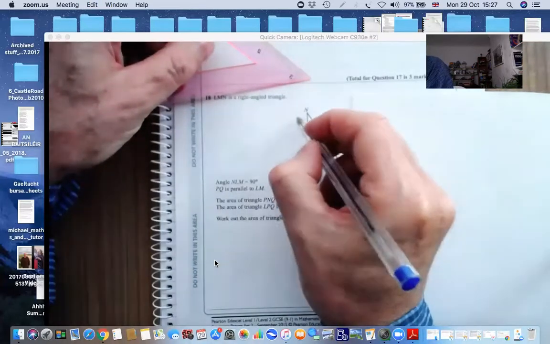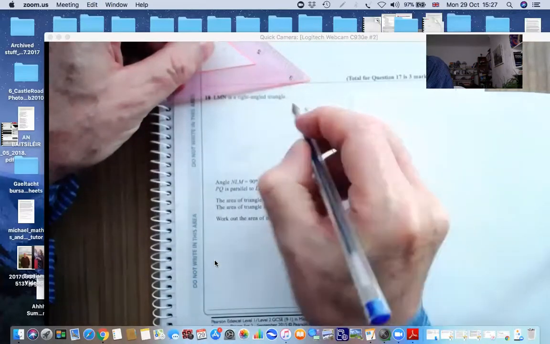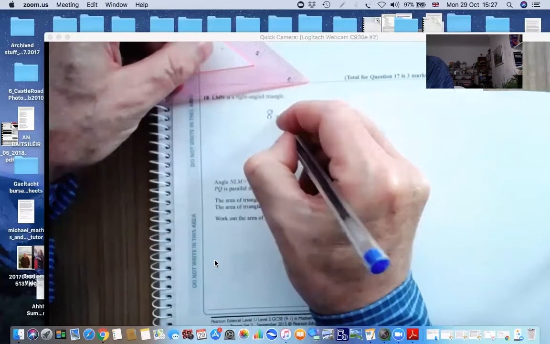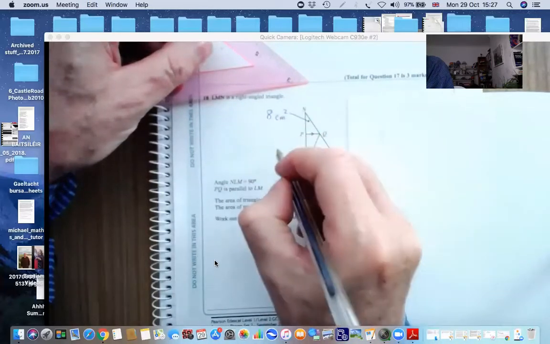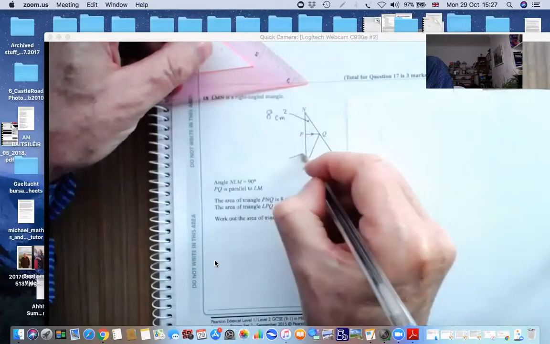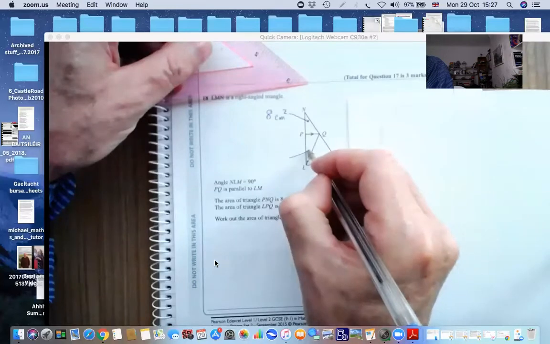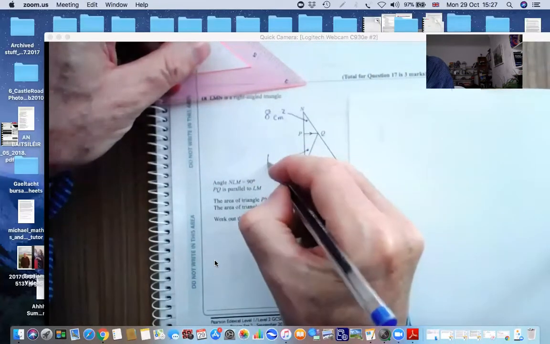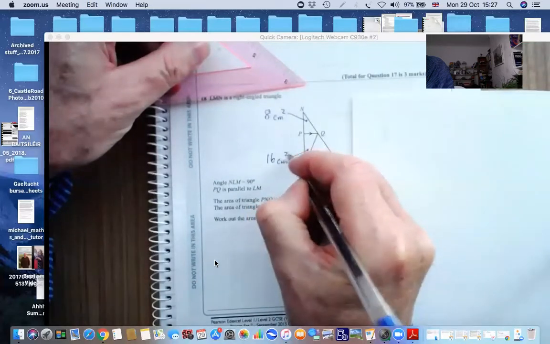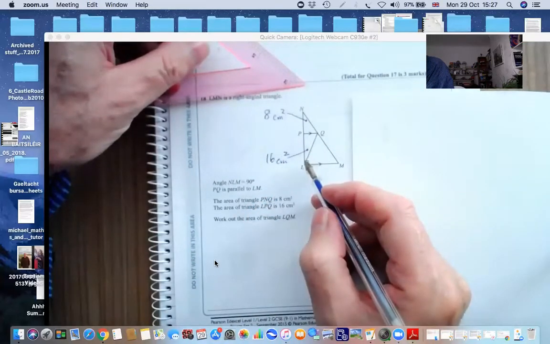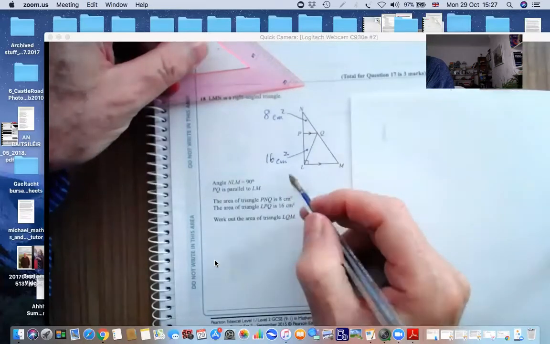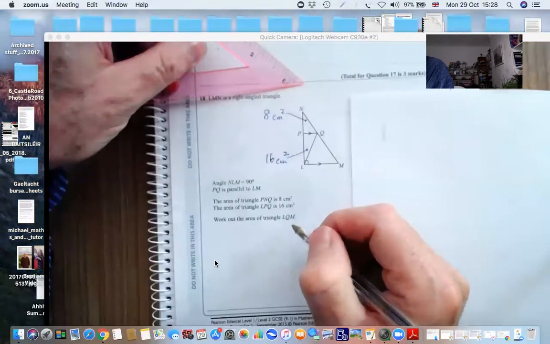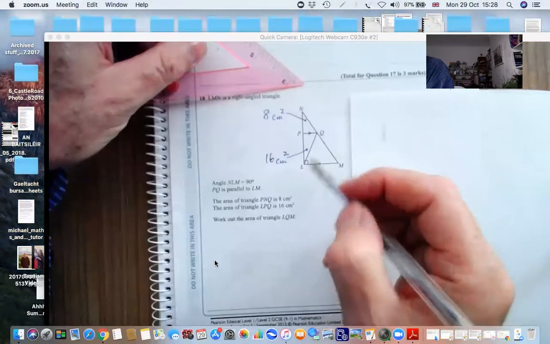So we're told that that little triangle in there is 8 cm squared, and the area of the bigger triangle, slightly bigger, not massively bigger, it's not the biggest of all the triangles, is 16 cm squared. Okay, fair enough. So we're told the areas of these two triangles, and we're asked to work out the area of triangle LQM.